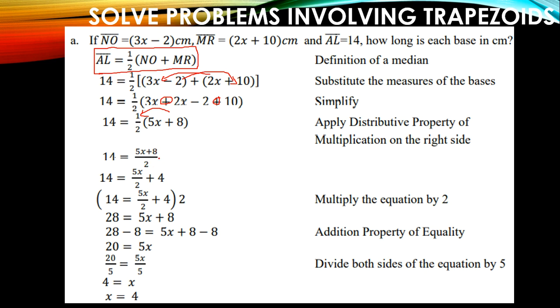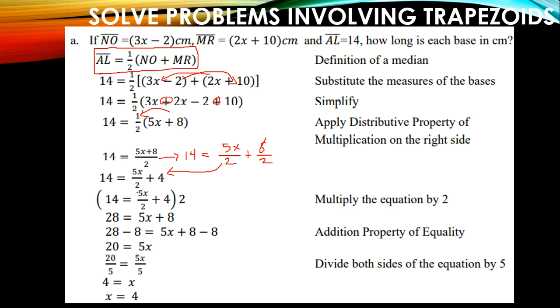So if you're going to divide that one, that is 14 equals 5x over 2. Kumbaga gi-separate siya, then plus 8 over 2. Mao nga nahimo siyang 14 equals 5x over 2 plus 4 because 8 divided by 2 is 4.